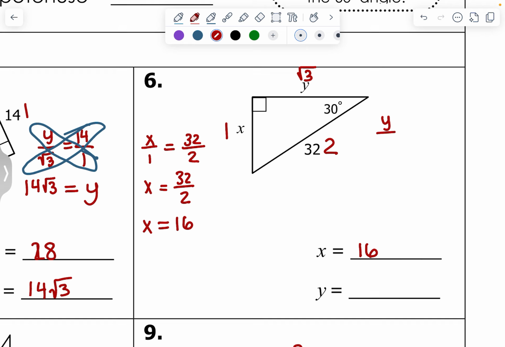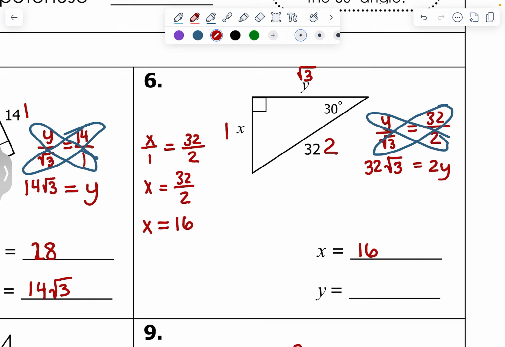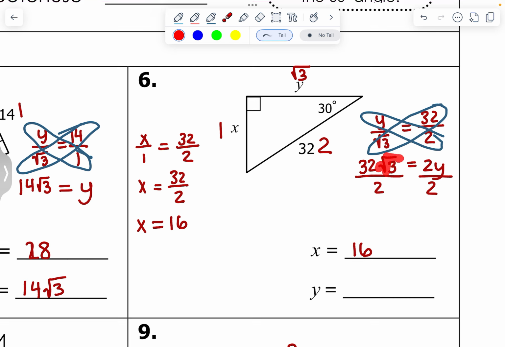Now let's find y. We got y over radical 3 equals 32 over 2. If we want to get y by itself, we need to cross multiply. Y times 2 is 2y. 32 times radical 3 is 32 radical 3. If we want to get y by itself, we got 2y currently. We have to divide by 2. And to divide this number with a radical by 2, it's like dividing 16x by 2.